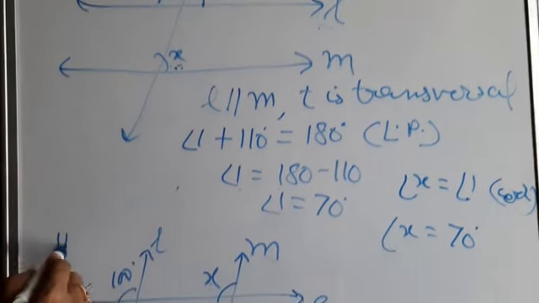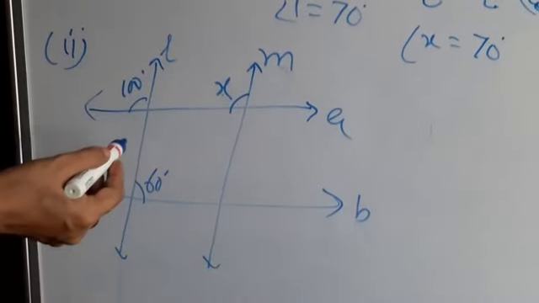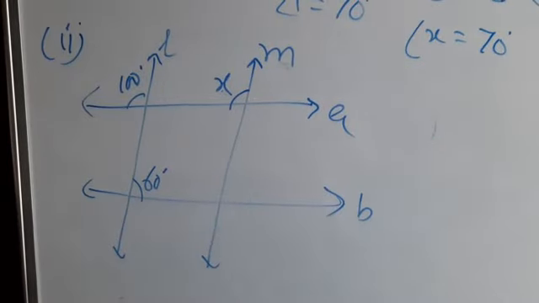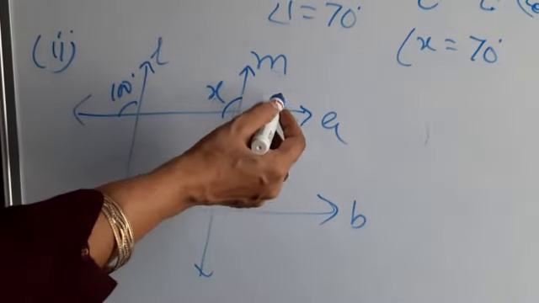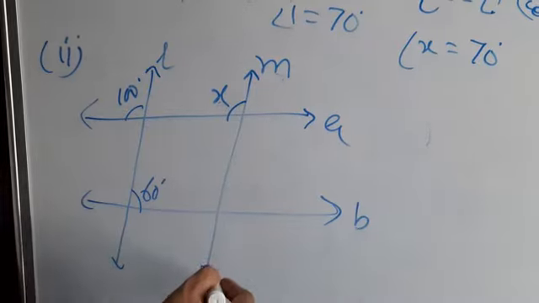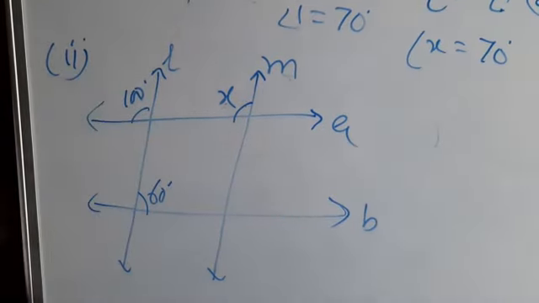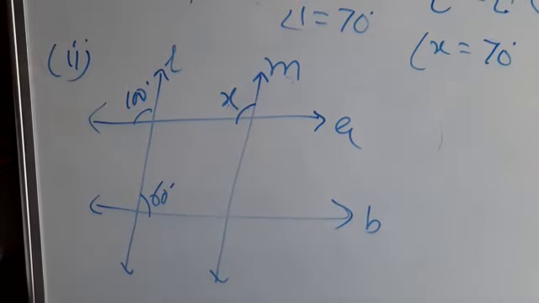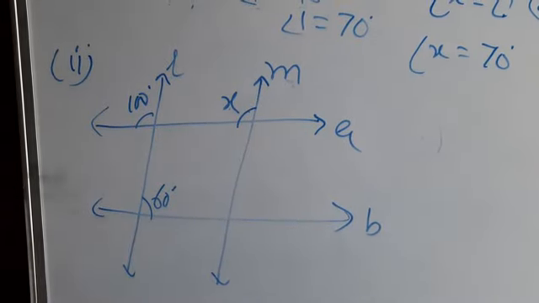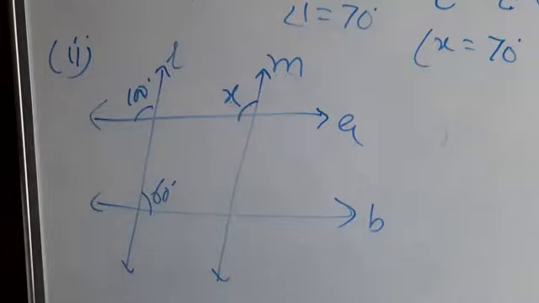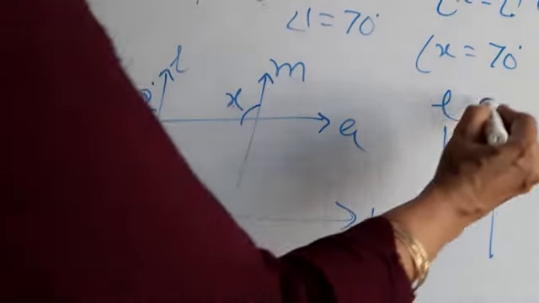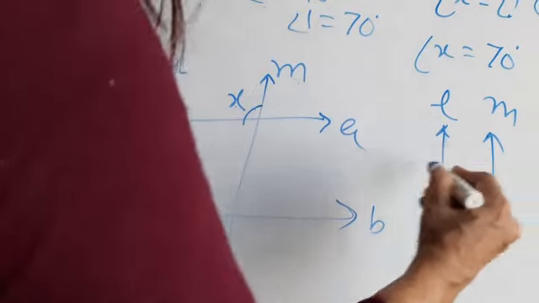Now come to the second part. In the second part, this figure is given and it is given that L and M are parallel lines. A is the transversal. We have to find the value of x here. Now see, ignore this and see that these two lines are parallel. This is line L, this is M, and this A is the transversal.